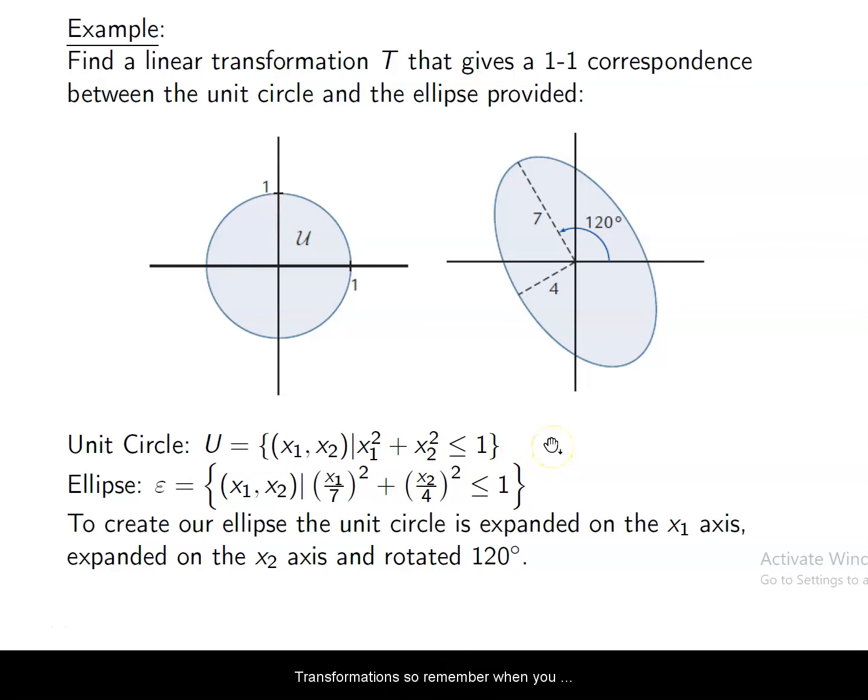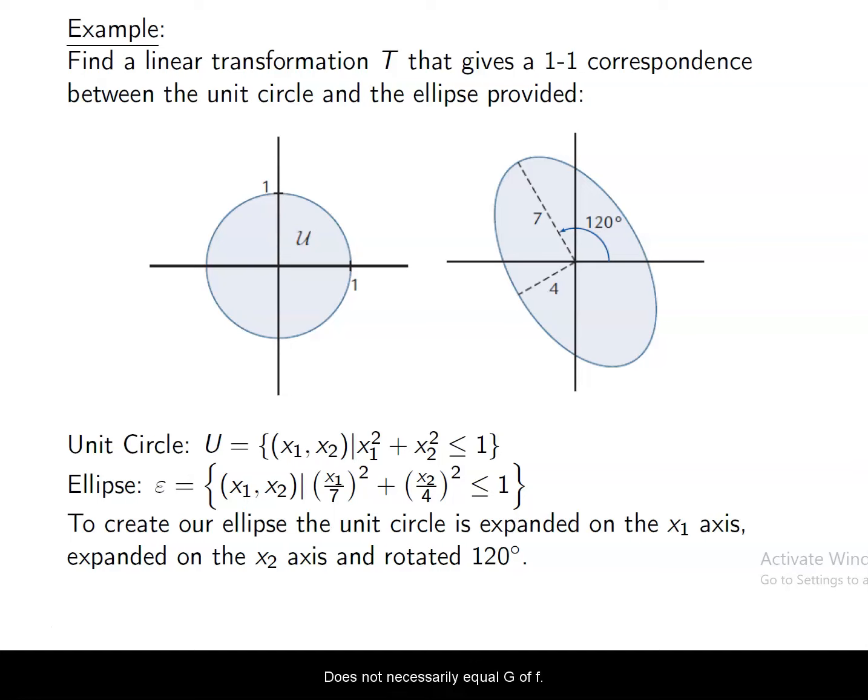So a composition of transformations. Remember, when you compose two functions together, if I had a function f and a function g, f of g does not necessarily equal g of f. It does matter which function I plug into which one. It's the same thing for linear transformations.